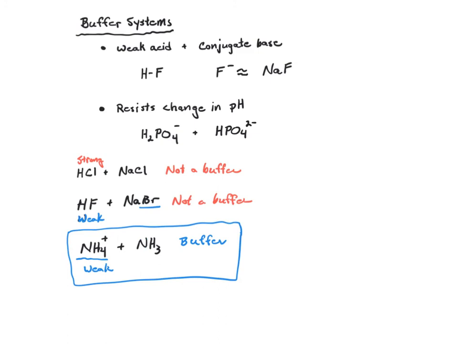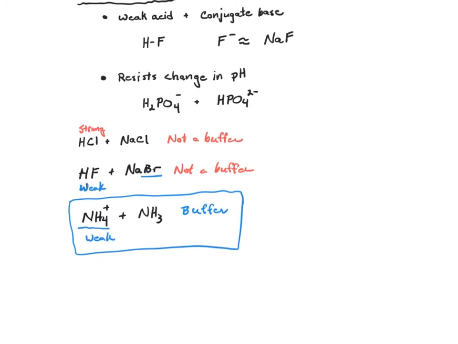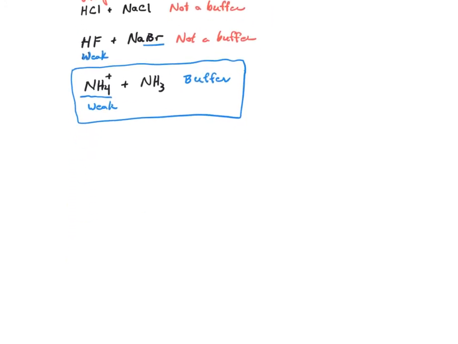Okay, and what we have here is, again, it's a fairly complex system, but it's also a very elegant system, because if you have a mixture of a weak acid and its conjugate base, like for example, let's say we have this ammonium and ammonia. Okay, so let's say we have an acid coming in and it reacts with this buffer solution.